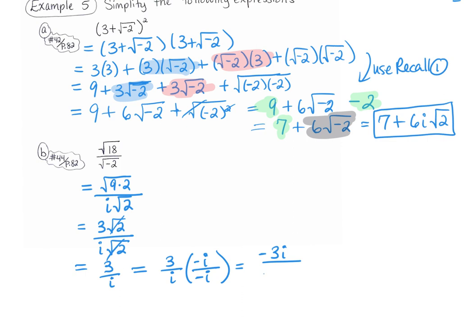Multiply your denominators, you get negative i squared. So this becomes negative 3i over negative times, what's i squared? Negative 1, good. So this becomes negative 3i over 1, which is what? Negative 3i. Good. That's our final answer.